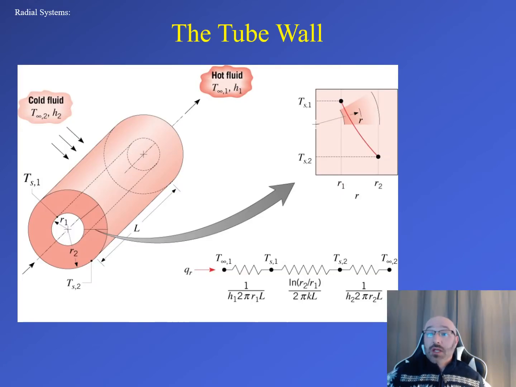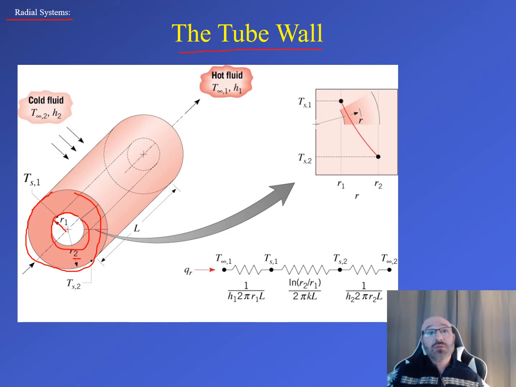As we begin looking at radial systems, the first one we want to take a look at is the tube wall. In the diagram below, we can see we have a tube with an inner radius of R1 and an outer radius, the outside of the tube, of R2. Contrary to the plane wall, where we had a fluid on one side and the other of the wall, now we have a fluid on the inside and the outside of the tube.